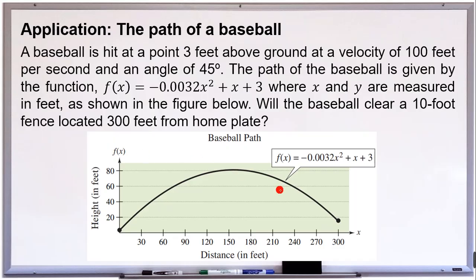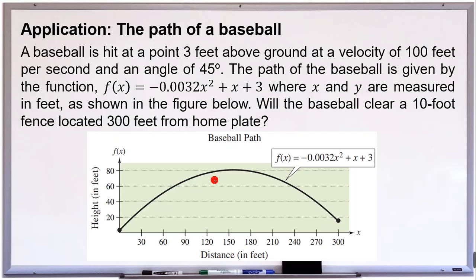As you can see, this is the graph of our baseball path. The graph of this function is represented by f of x equals negative 0.0032 x squared plus x plus 3. Now, in order for us to know whether this baseball will clear a 10-foot fence located 300 feet from home plate, before that, let's have some additional information with regards to the motion of the baseball.